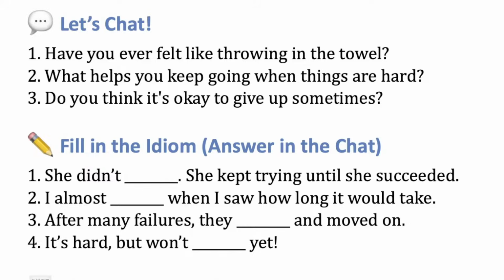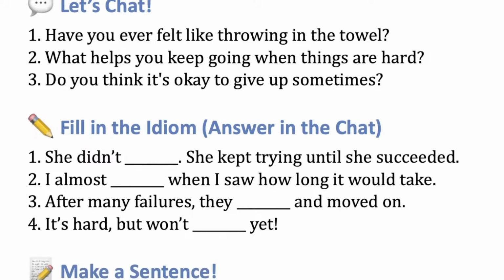Try a different way. Forget that. It keeps failing. Let's throw in the towel and move on to the next. Number 4, it's hard, but I won't give up yet. Okay, good, Carlos.